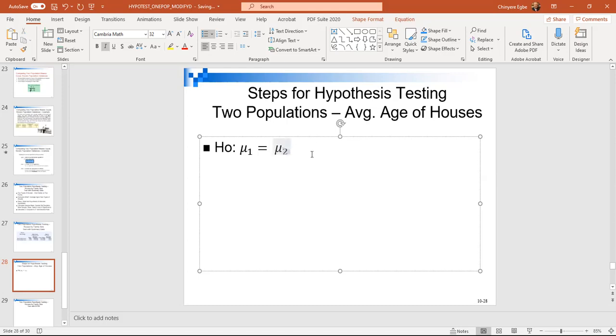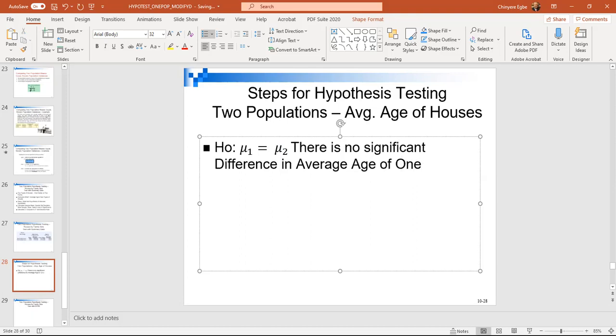All right, so that would be there is no significant difference in the average age of one family houses compared to two family houses. That is the null hypothesis.